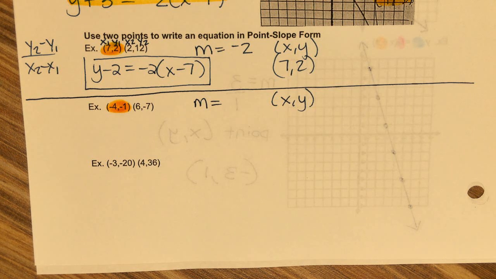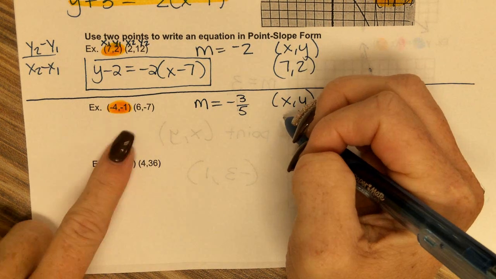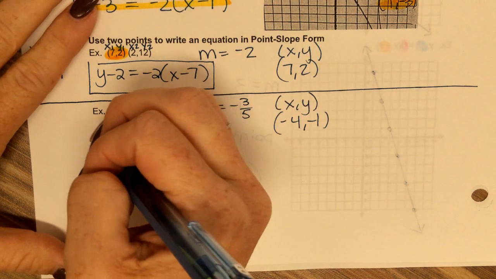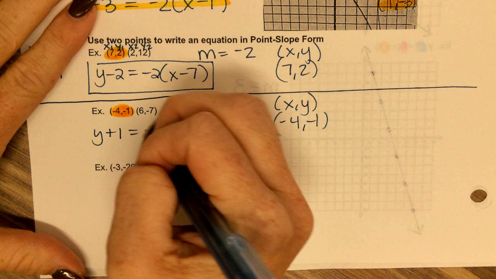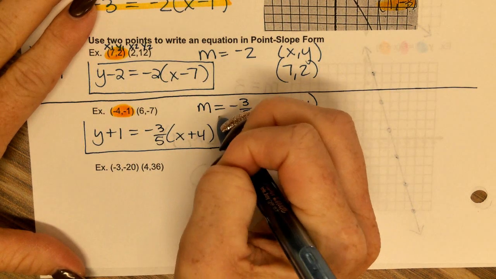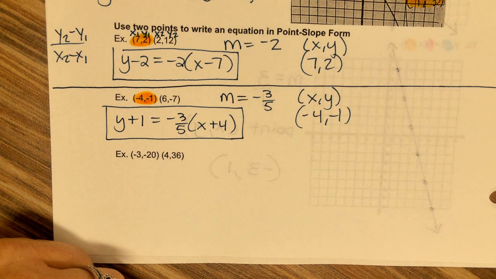What did y'all get for the slope? Good. -3/5. Okay, I'm going to give you a second to write the equation. Again, we're going to use -4, -1 as the point. Check your answer with mine once you're finished.